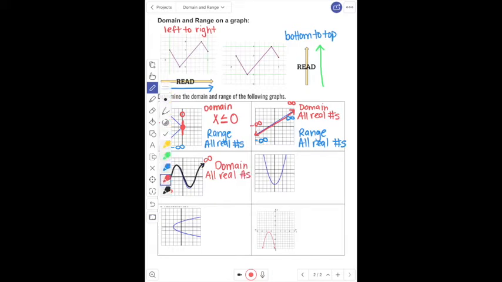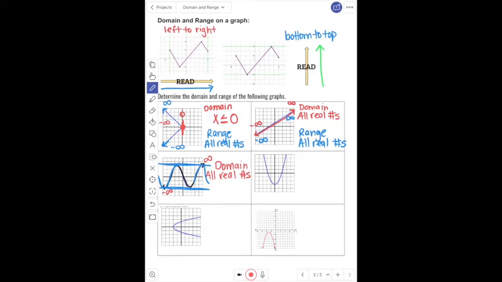Now this one is a little bit different for the range, so let's pay very close attention to the range here. For this particular problem, it's going to keep going up and down and up and down. It never goes lower than this area here, but it never goes higher than this area here. So this one's not going to keep going up, or keep going down.